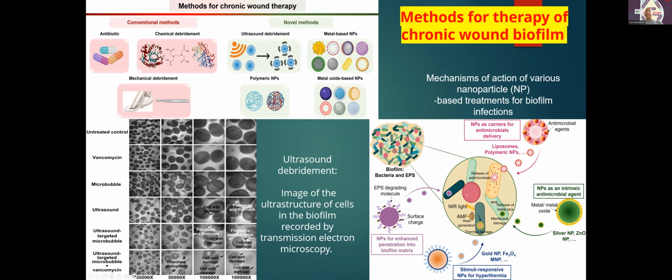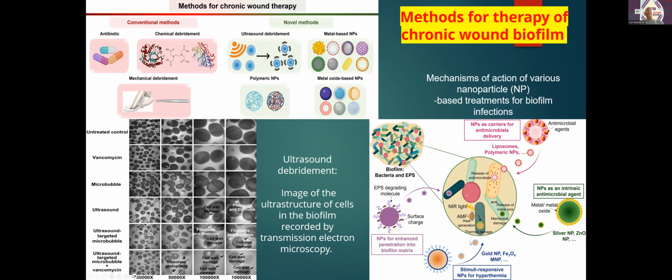And obviously, nanoparticles are being used, also metals, including silver nanoparticles and zinc nanoparticles, and gold nanoparticles are also being used along with mechanically debriding the ulcer bed.